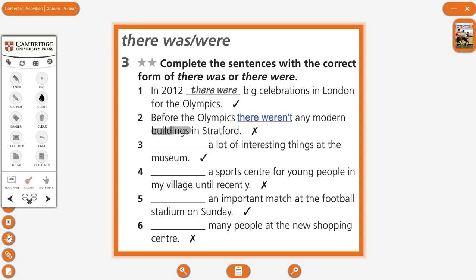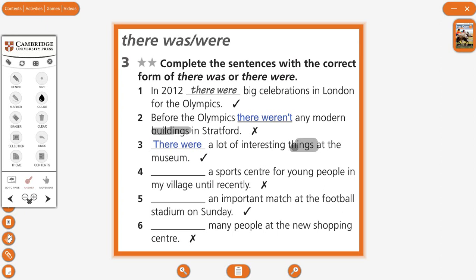Now, look at the other exercise 3. Blah blah blah, a lot of interesting things. Things, look at things. Things is a plural noun. This is a positive statement, so we have to say there were. That's true, there were a lot of interesting things at the museum. And number 4, blah blah blah blah, a sports center.